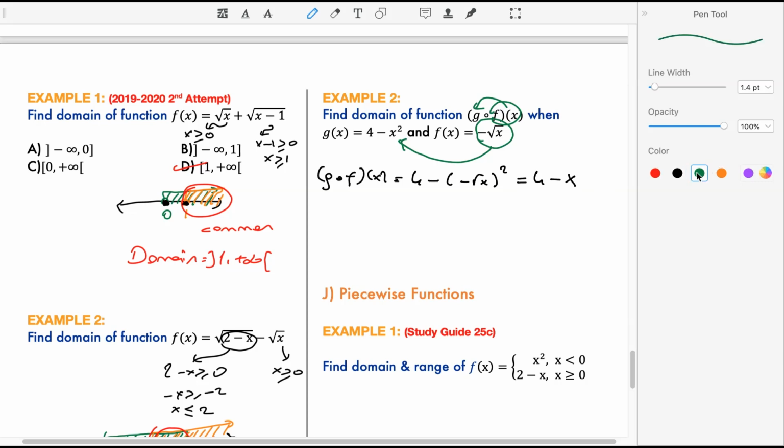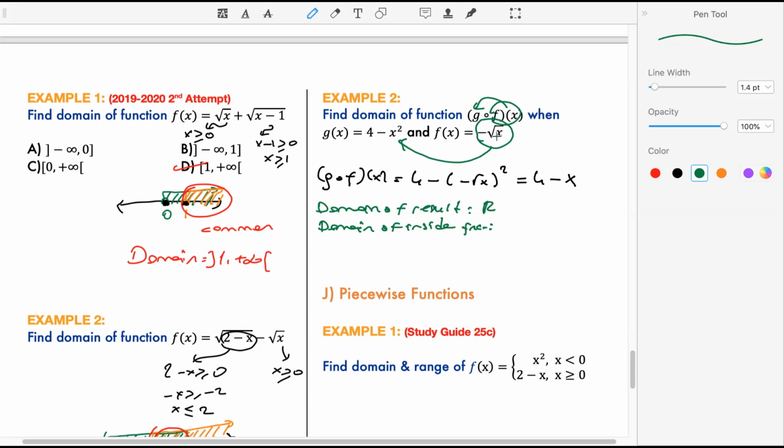So we are going to find two domains. First, the domain of the result. What is the result? 4 minus x. It's a polynomial function, so the domain of polynomial functions is all real numbers. What about the domain of the inside function? What is the inside function? f is the inside function.